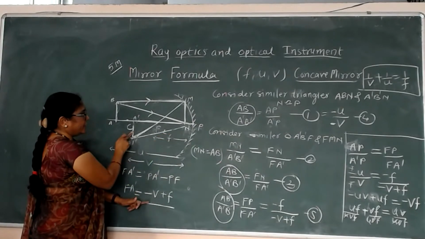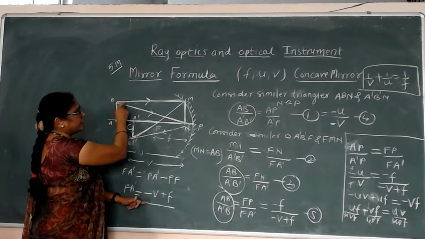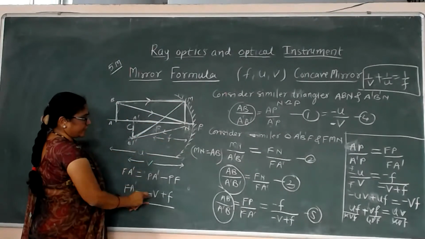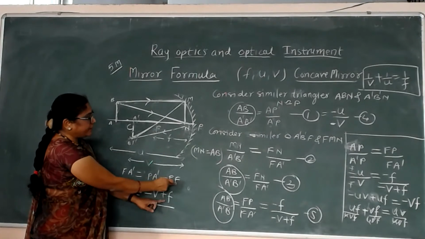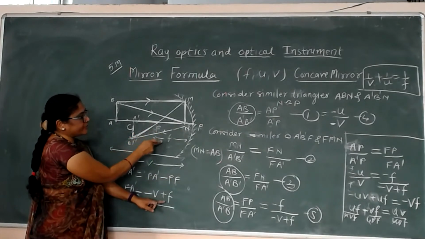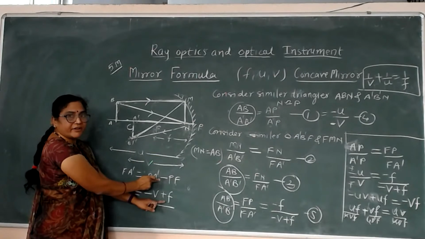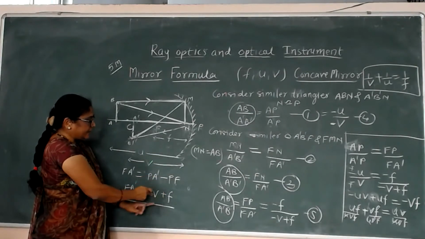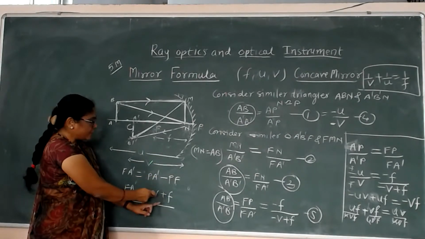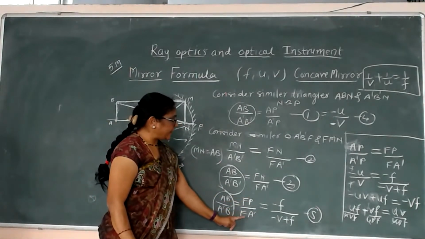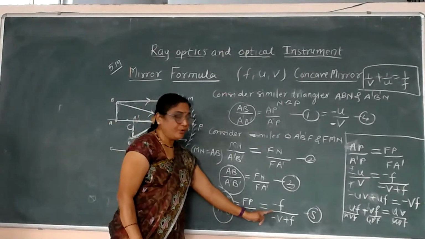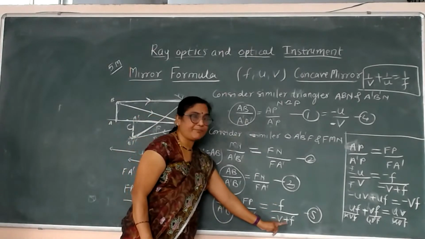PA dash is in the opposite direction to the incident ray, so we consider here minus. PF is in the opposite direction, meaning minus F. But here already one minus is there. That is minus V plus F. So this is the value of FA dash. Therefore FP divided by FA dash is equal to minus F divided by minus V plus F.